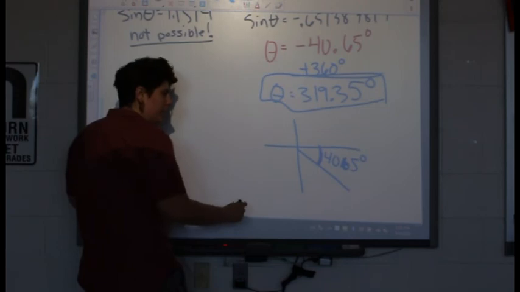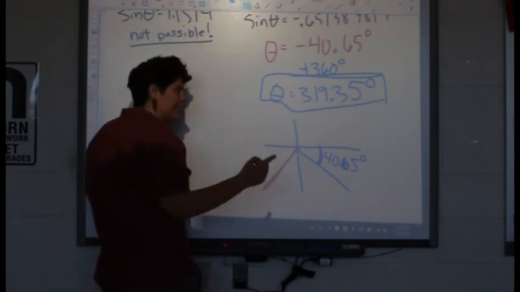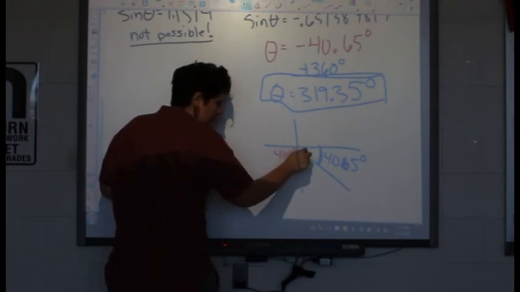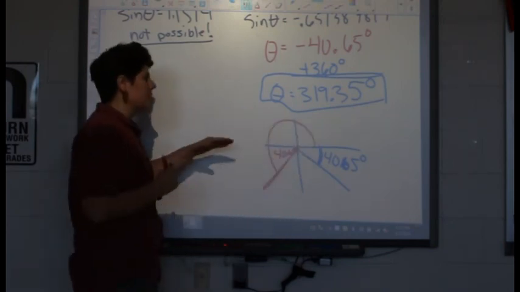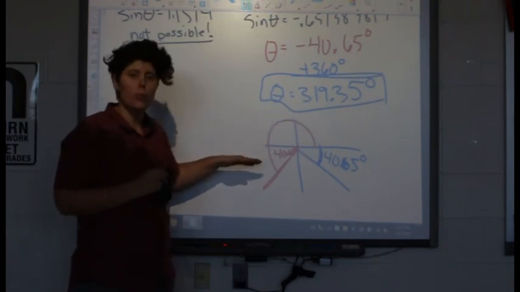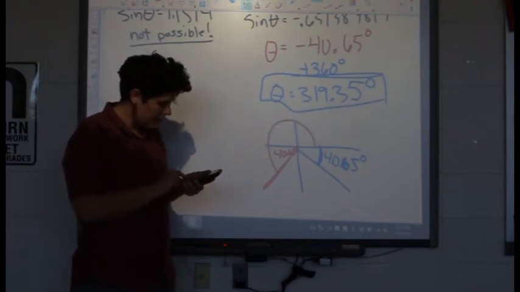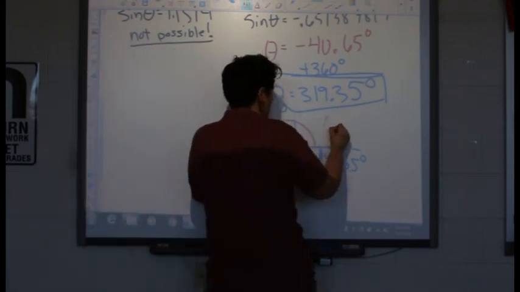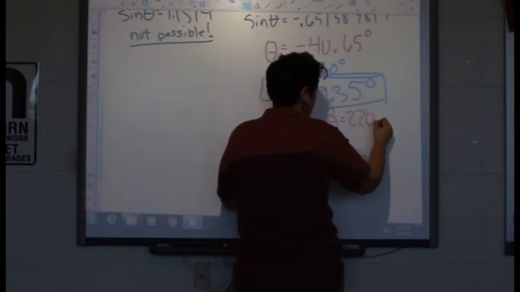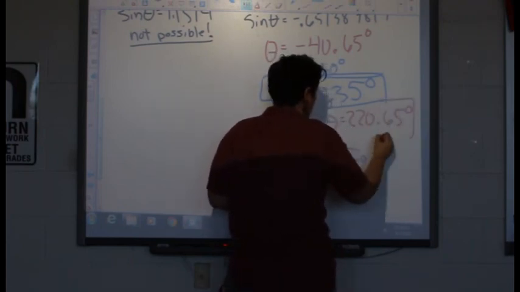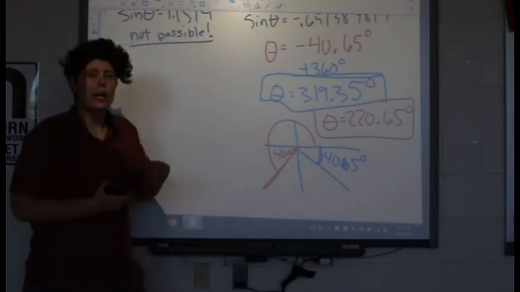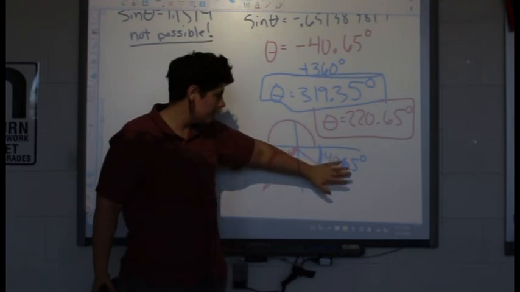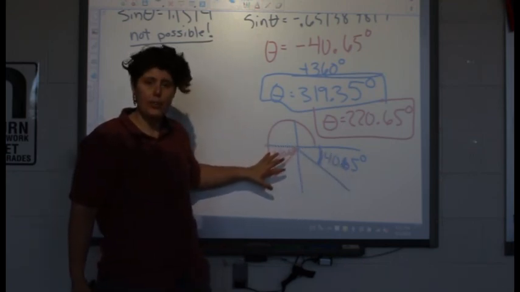So when I go to plot it in the third quadrant, I know that my reference angle again is going to be 40.65 degrees. So to find that angle, I'm going to say 180 plus 40.65. So 180 degrees plus 40.65 degrees, and that gives me theta equals 220.65 degrees. Those are my two answers. I know I have two because there are two places that sine is negative. Sine is negative in the fourth quadrant, and sine is negative in the third quadrant.